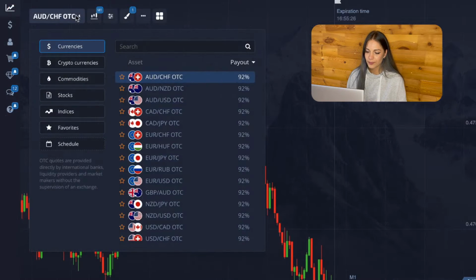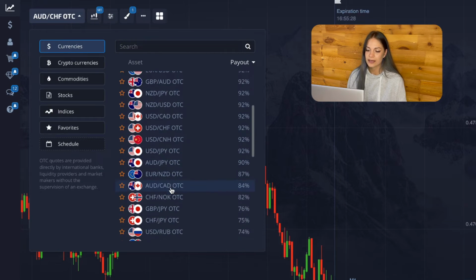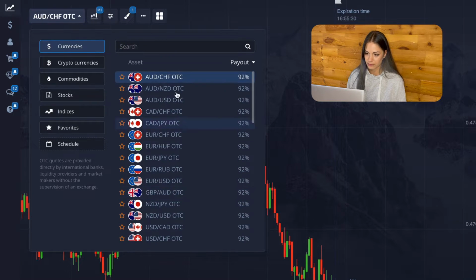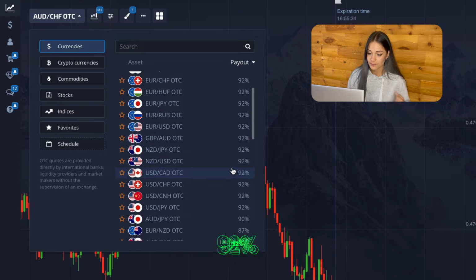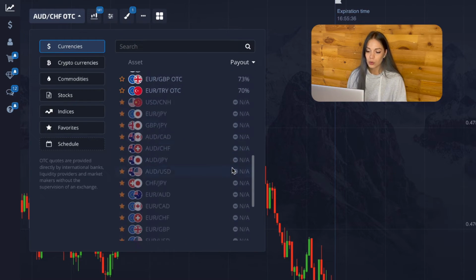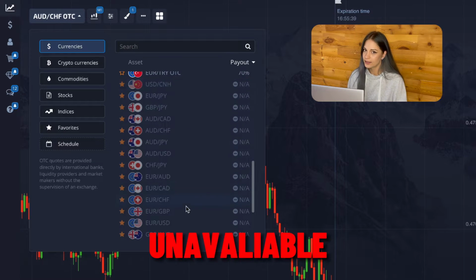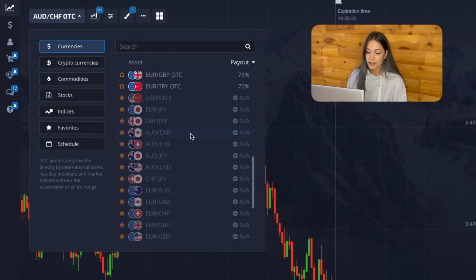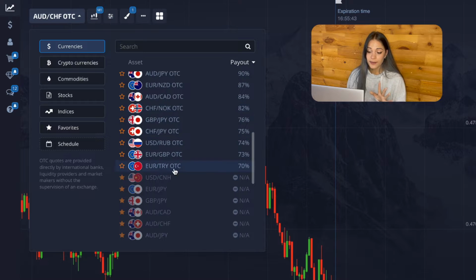But if we open the currency pair list, we see a lot of working currency pairs right now, and a lot of them have a high payout, 92%. But if you scroll lower, you see a lot of currency pairs unavailable today. So those that are available are OTC pairs, but real currency pairs are closed right now.